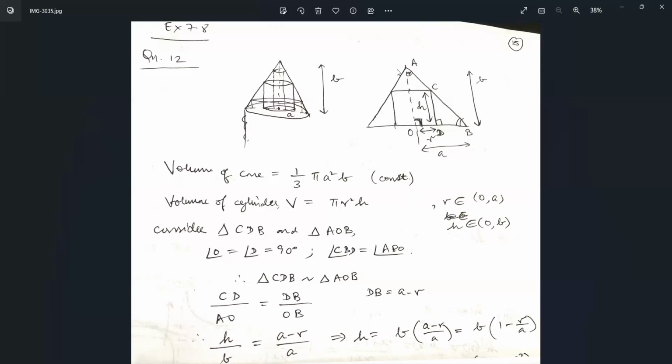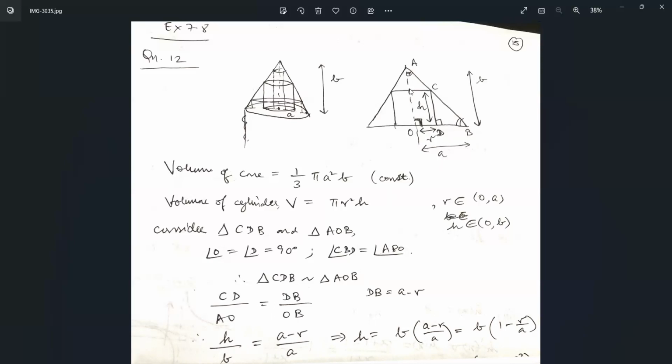And in this triangle, we see that triangle CDB and triangle AOB, if we consider, then both of them have a 90 degrees here, and both of them have a common angle, which is B here. So we know from the theory of similar triangles that triangle CDB is similar to triangle AOB. So we can write CD divided by AO, that is the corresponding sides. When we divide, they are the same ratio.